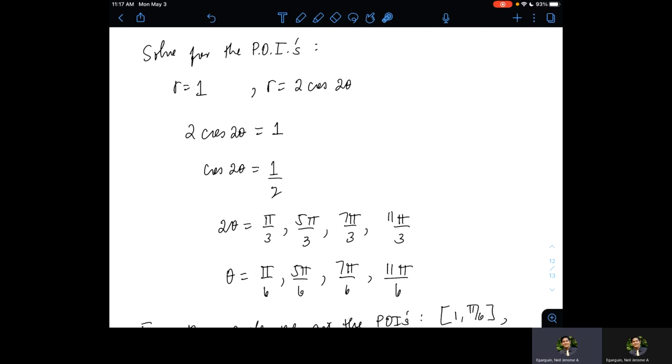There could be instances wherein r is equal to -1 and will give me a point of intersection, right? Because if r is -1, then a little adjustment can be made in selecting the direction in which you will plot the point, and that will be another point of intersection, and that is exactly what happened here.